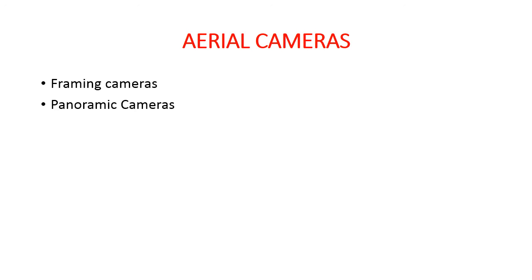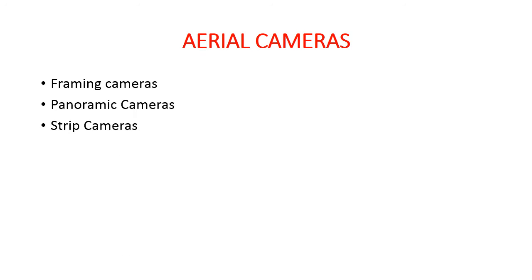The frame is dumbbell shaped and not square shaped. So in the framing camera the frame is square shaped, but in panoramic camera it is dumbbell shaped. The large part from horizon to horizon is covered by this camera, but measurements are not possible.